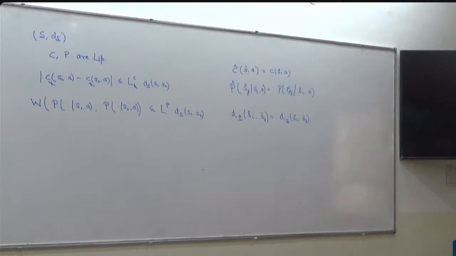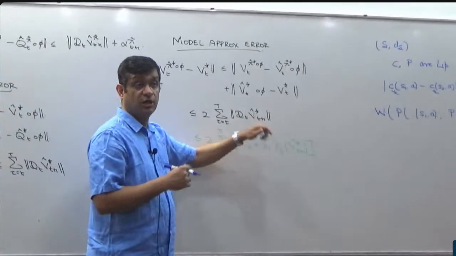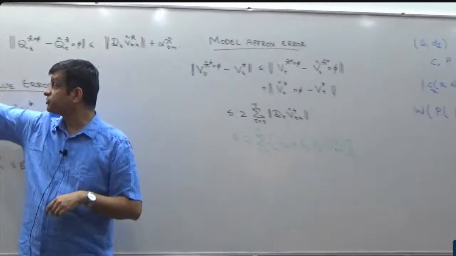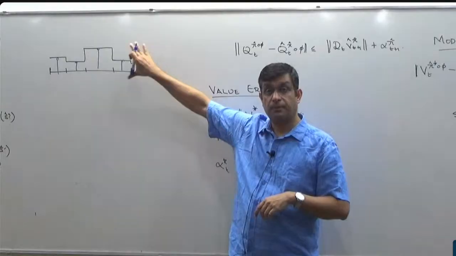This is not Lipschitz continuous, but the function in the hat space with the distance metric given there is Lipschitz continuous. So, that was also another reason why we wanted to define this metric in the hat space rather than in the original space, because in the original space I lose Lipschitz continuity.